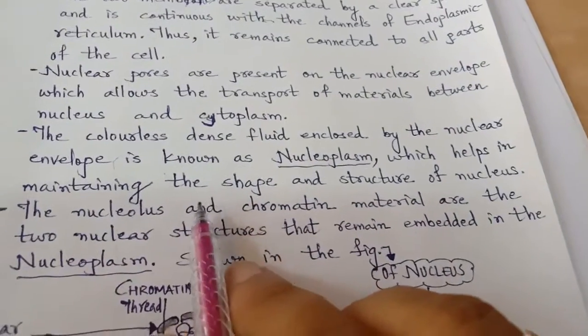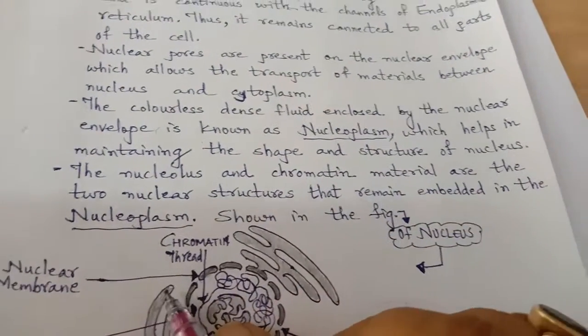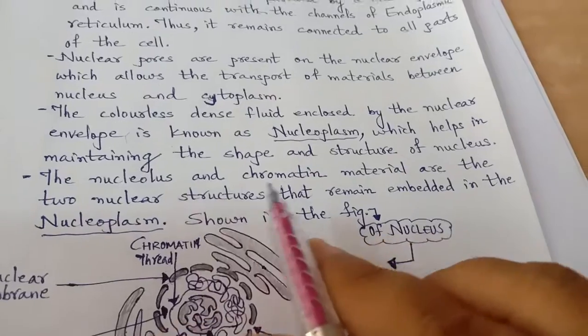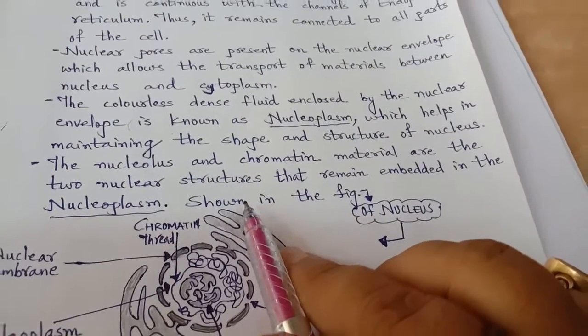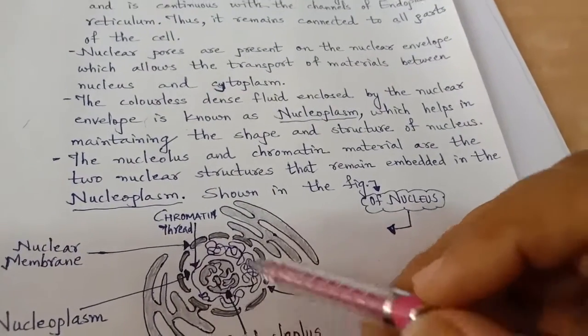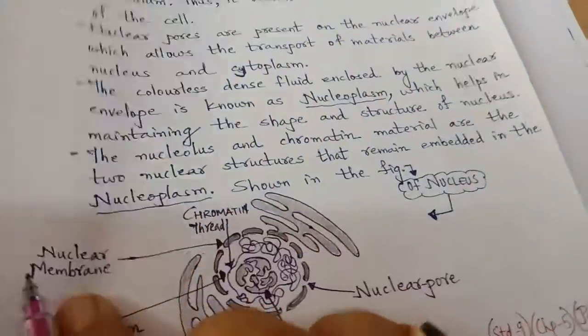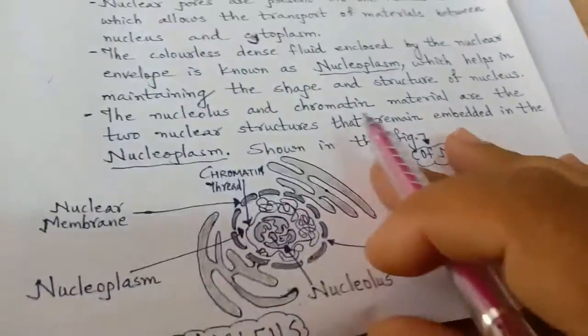This nucleoplasm helps in maintaining the shape and structure of the complete nucleus. The nucleolus and the chromatin material are the two nuclear structures that remain embedded. Embedded means they are fixed within this nucleoplasm, and it is shown in the figure over here, right?